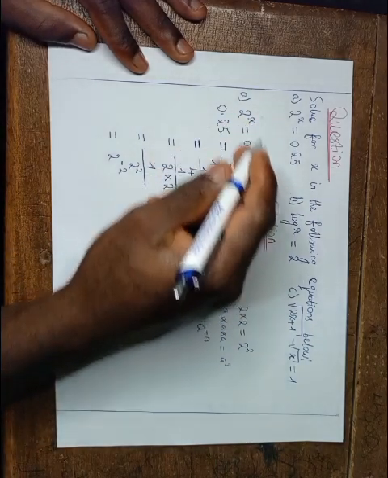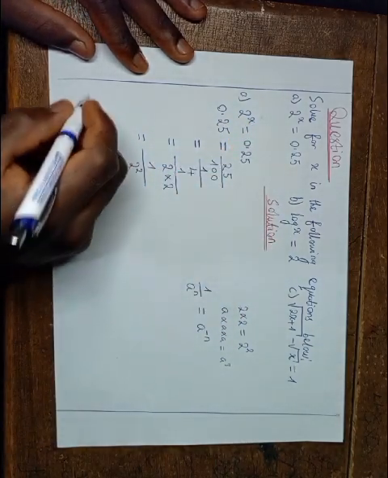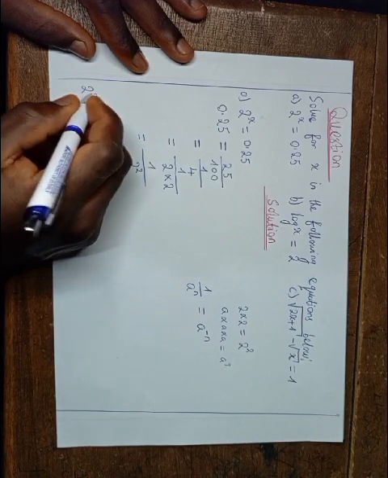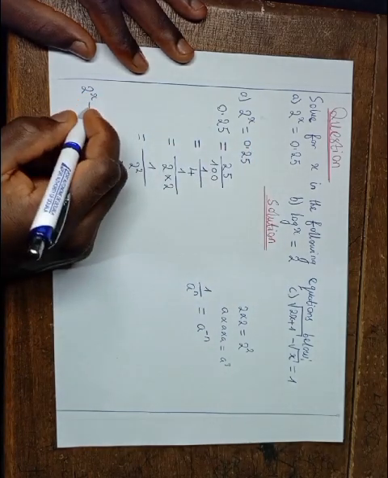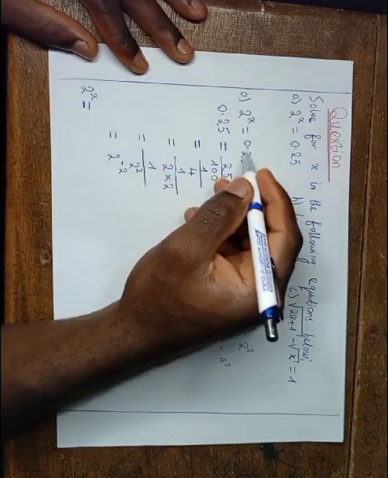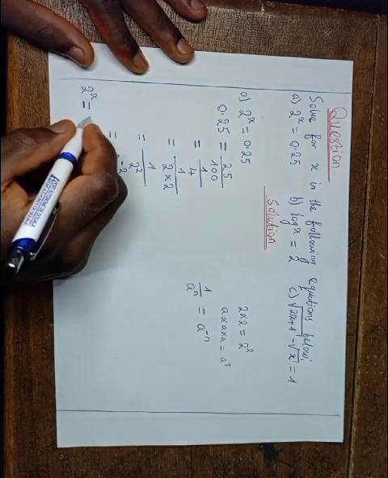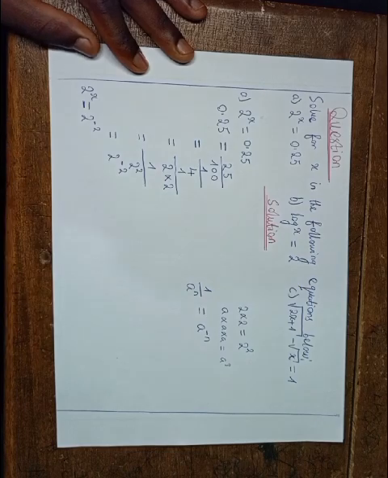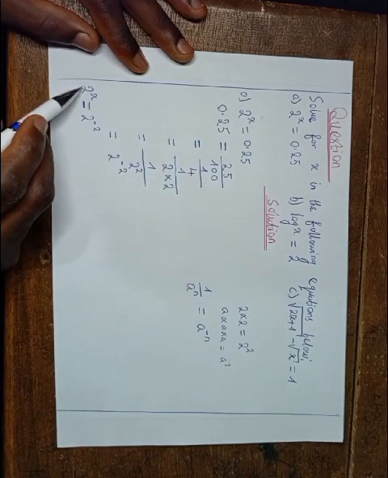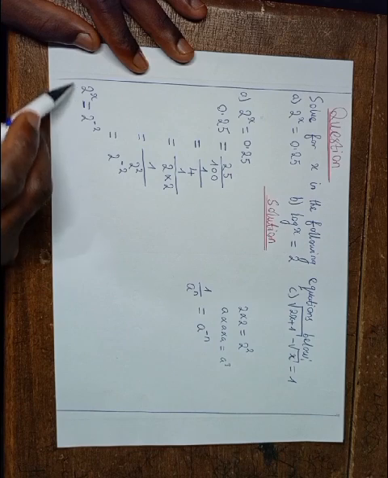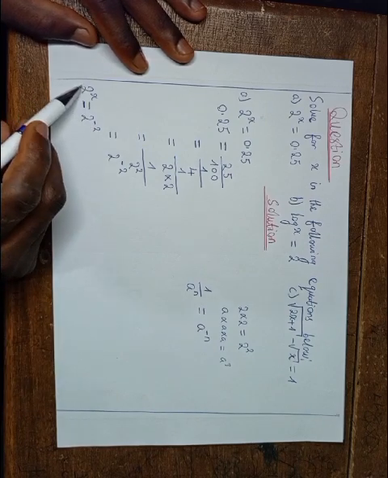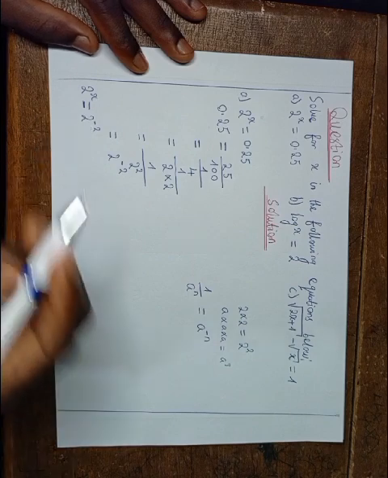Next, we are going to copy our equation, 2 to the power x equal to, and where we have 0.25, we are going to replace 0.25 with 2 to the power negative 2. Next, you see the bases are the same. The left hand side is equal to the right hand side.